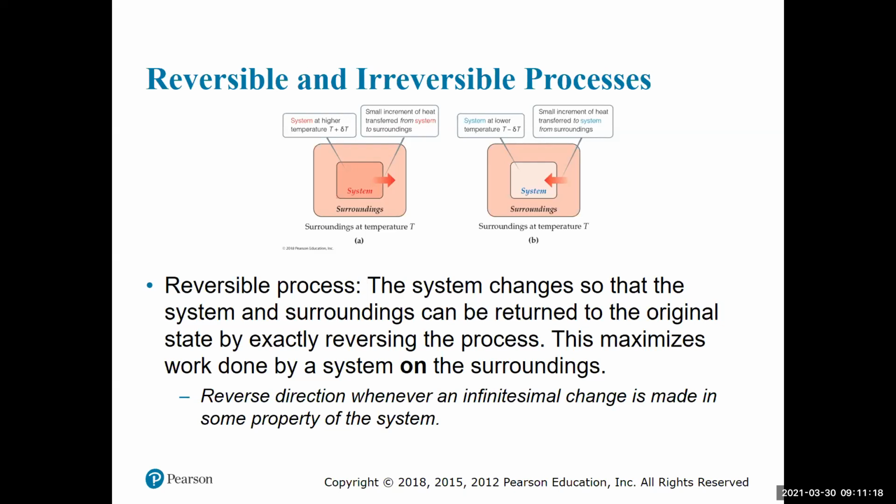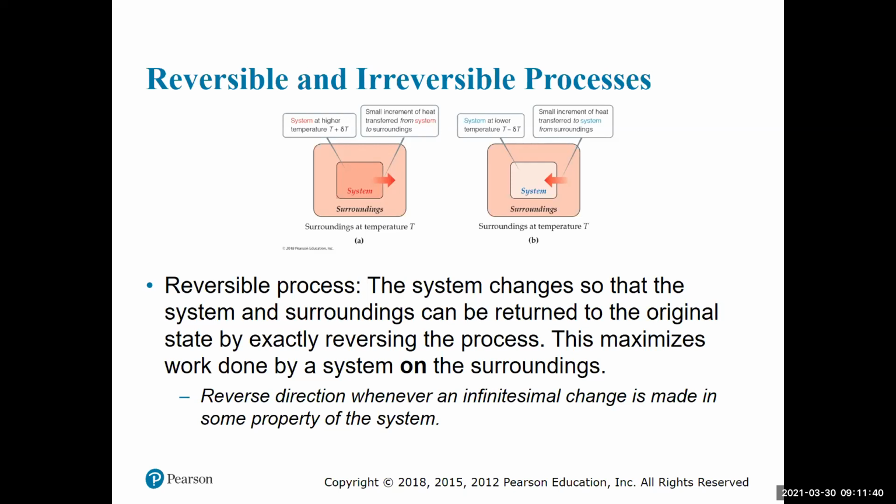A similar thing we see in the second example, where in this case, the system, its temperature has been lowered a little bit. And so what you have is a small amount of heat is transferred from the surroundings into that system.